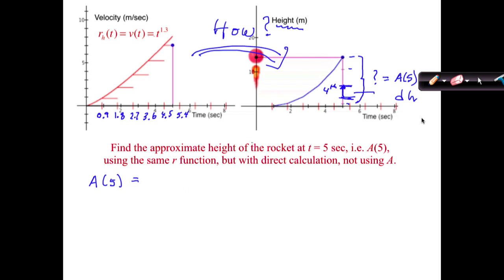How do we get accumulation from rate? How do we get accumulation from rate? Today's the day. It's going to stick. How do we get accumulation from rate? Multiply what? Constant rate times change in time.